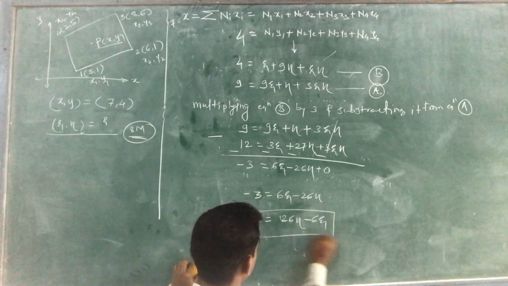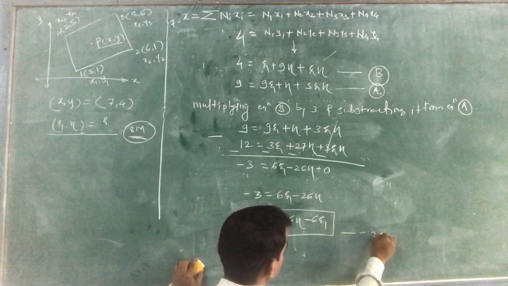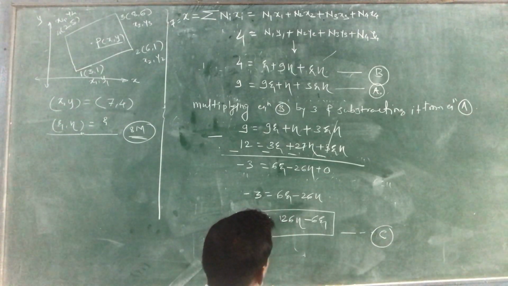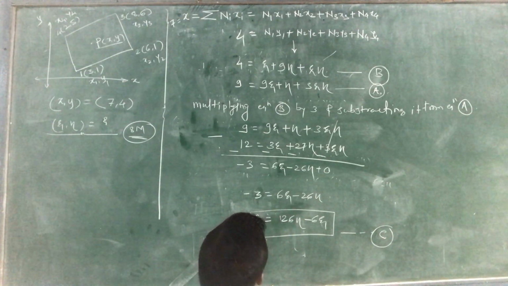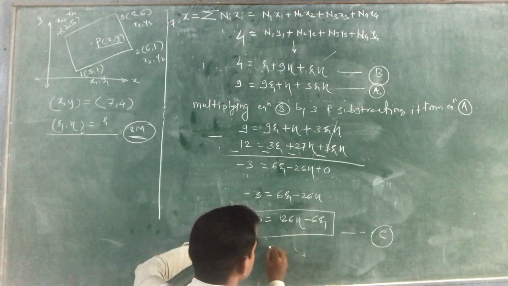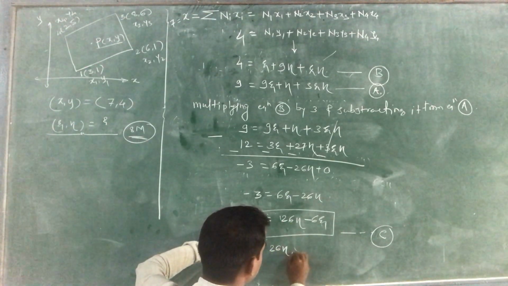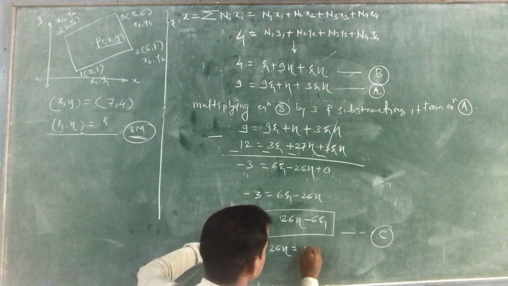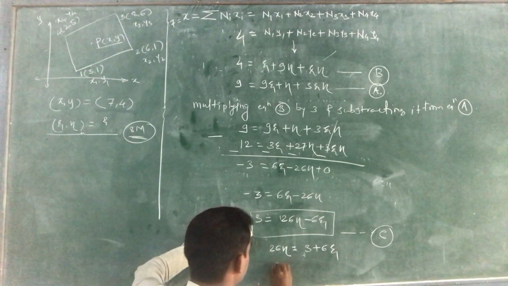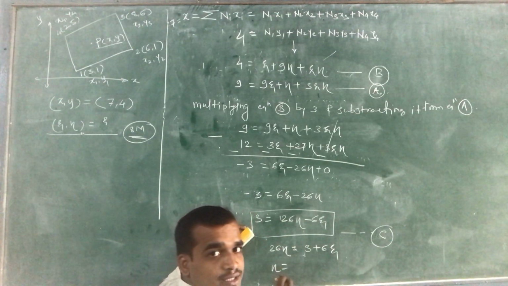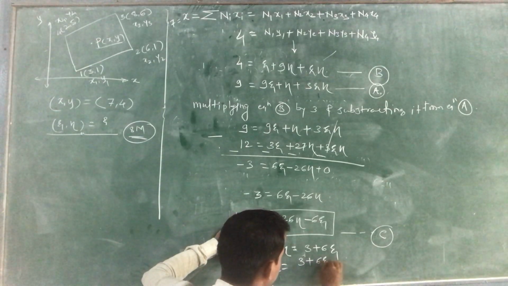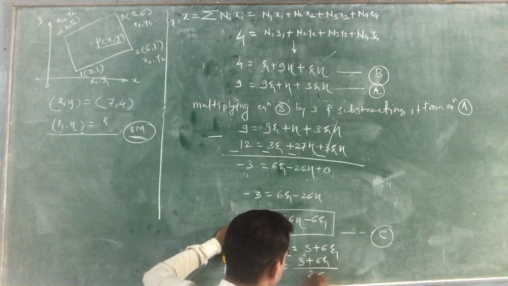This is your another equation, the third equation, C. Now we need to convert this equation into one term. So 26 eta is equal to 3 plus 6 zeta. So eta will finally become 3 plus 6 zeta divided by 26.